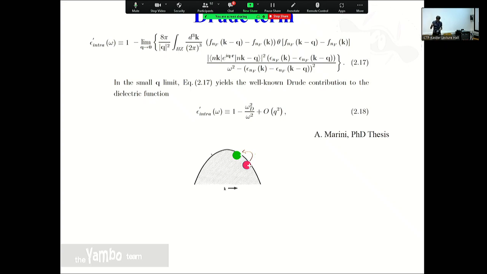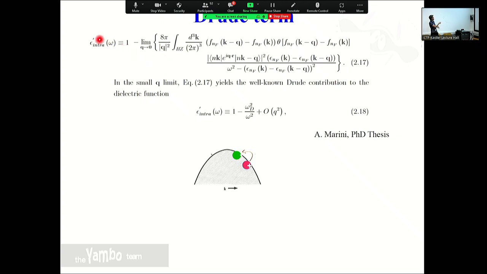Besides that, you can use the response function and then eventually move up to the BSE level, although it's usually not useful, to also describe intraband transitions. So we have discussed so far semiconductors and valence to conduction transitions. If you have a metal, you can also capture intraband transitions.